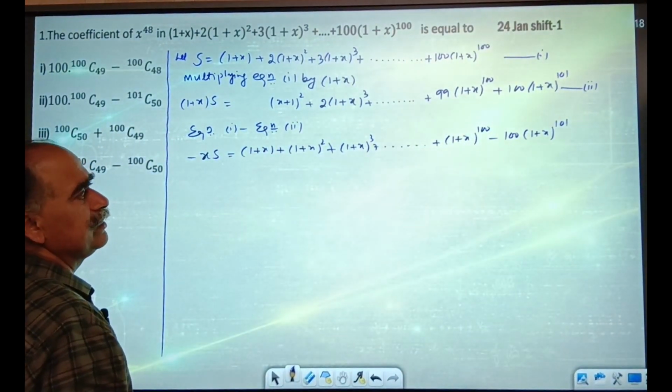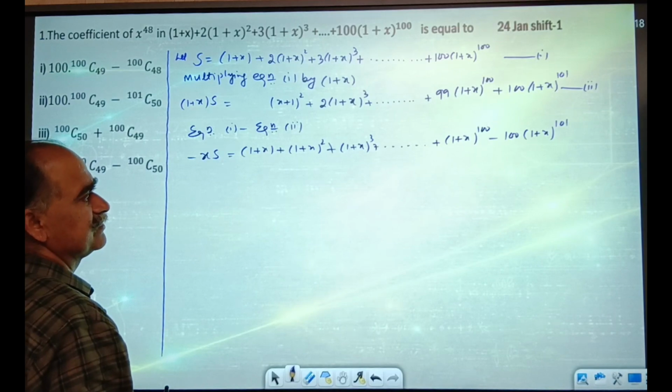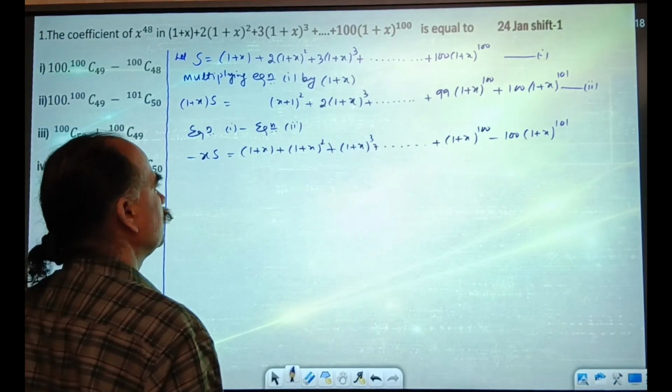Now this is in GP with first term 1 plus x and common ratio 1 plus x.